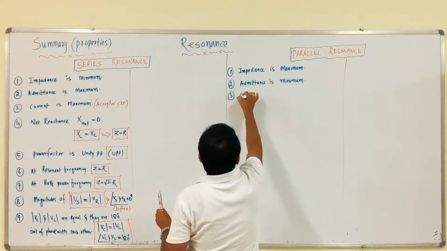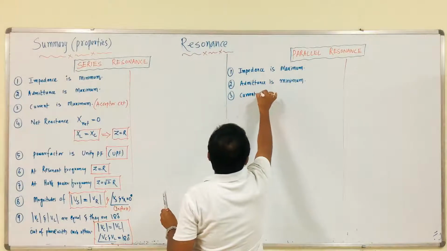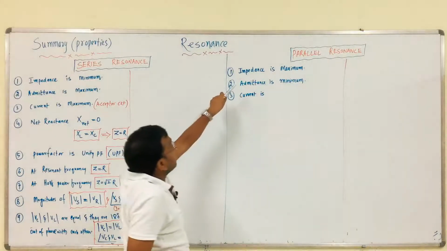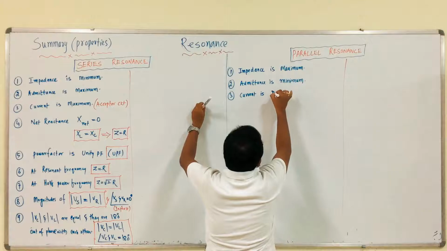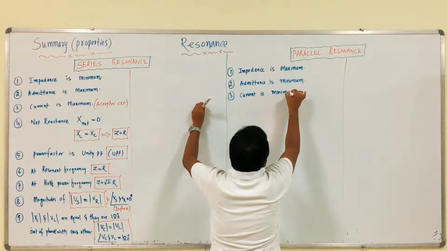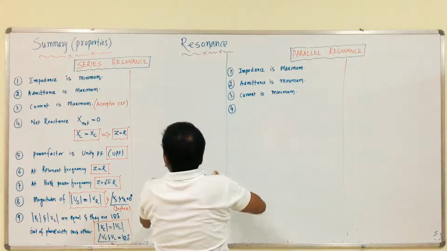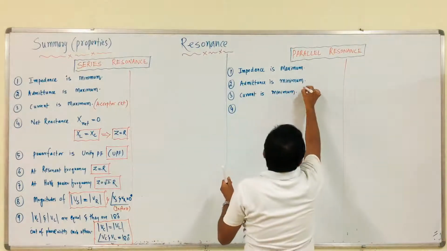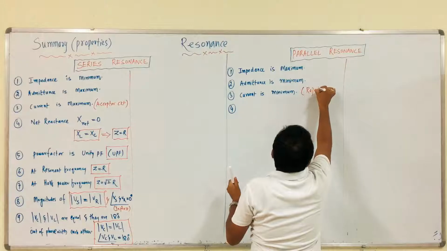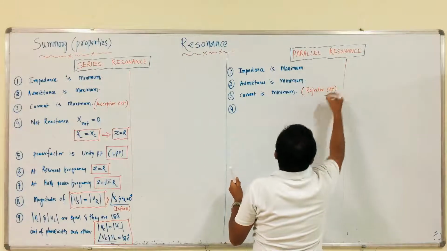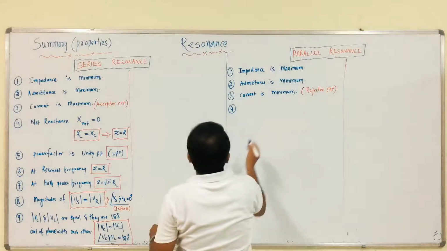What about current? Current is minimum or maximum? Impedance is maximum, current is minimum. Therefore, current minimum means what? It acts as a resistor circuit. Next, fourth point, net susceptance.